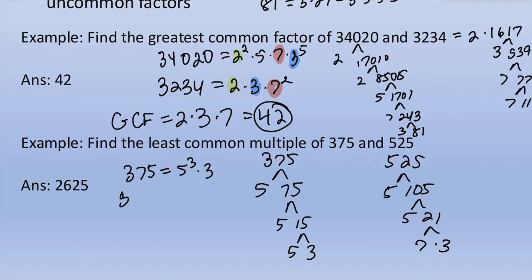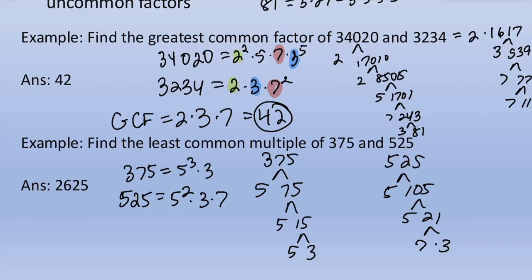And then I'm going to try to avoid the mistake I made earlier by putting them in numerical order. Well, I'll keep the 5. So that's 5 squared times 3 times 7. But go in order, which I didn't, and that can cause you to miss something.